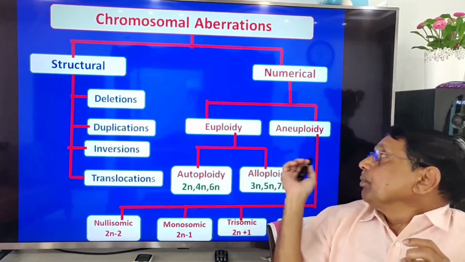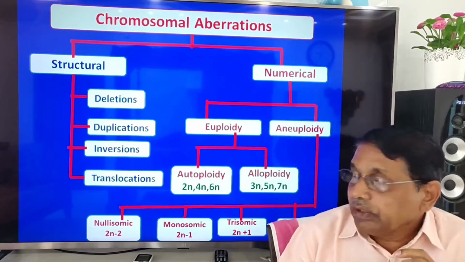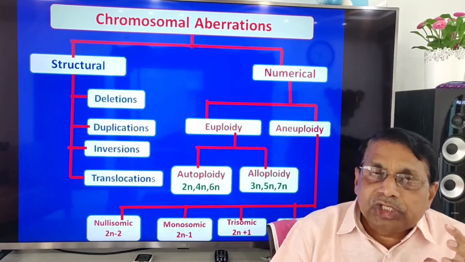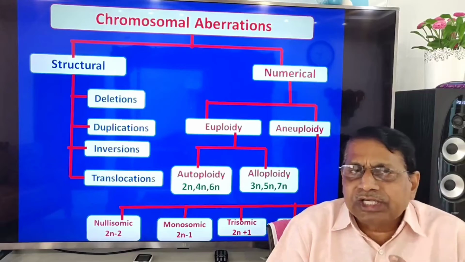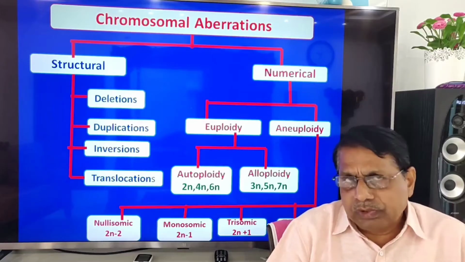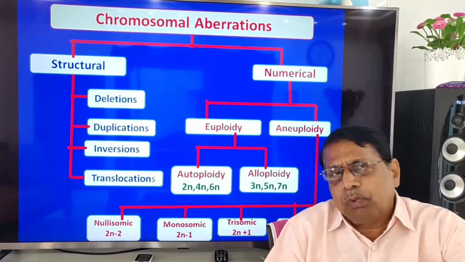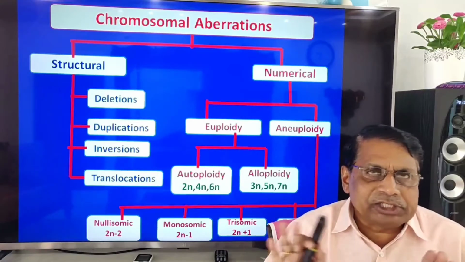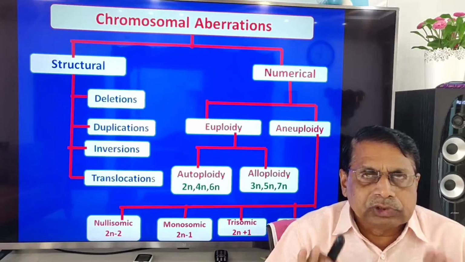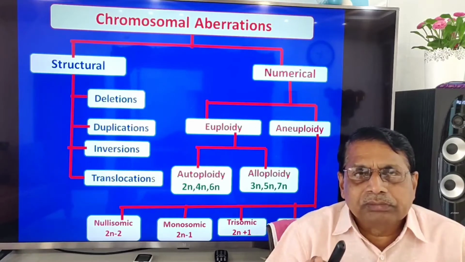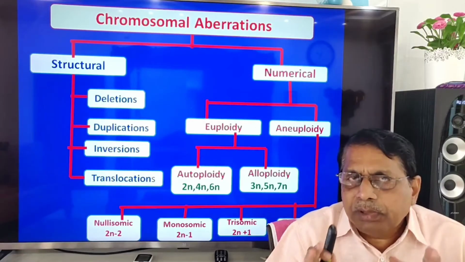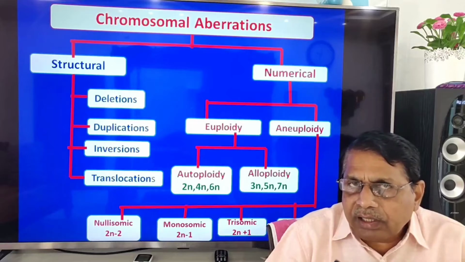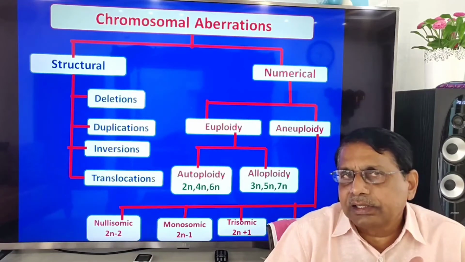Autoploidy, alloploidy. Aneuploidy means a change in 1 or 2 chromosomes, less or more, not complete sets. Suppose 8 chromosomes are there, not sets, but 7 or 9 or 10 or 6, like that.